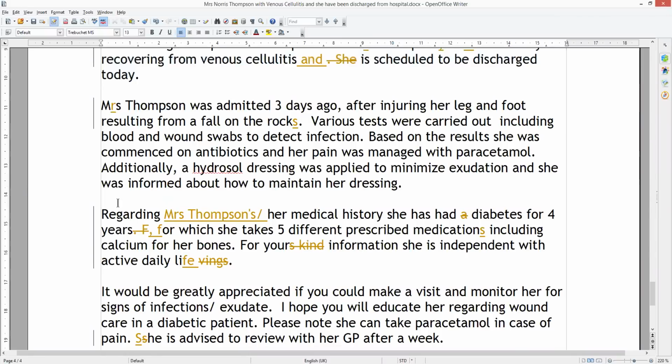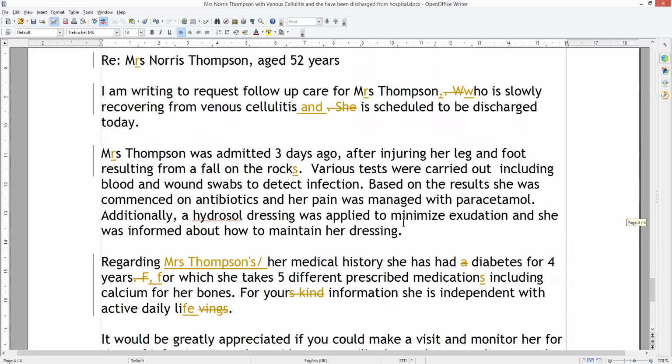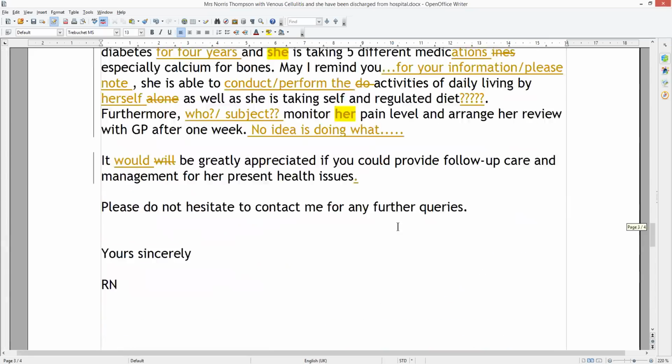In this one though, the main issue should come first: she came to hospital because she had an accident and we did this and this and this. Regarding history, now she's being discharged. We want you to make a visit and so on. So not too bad.